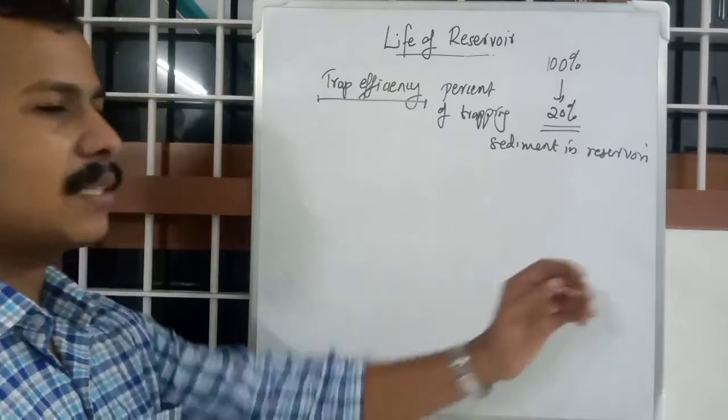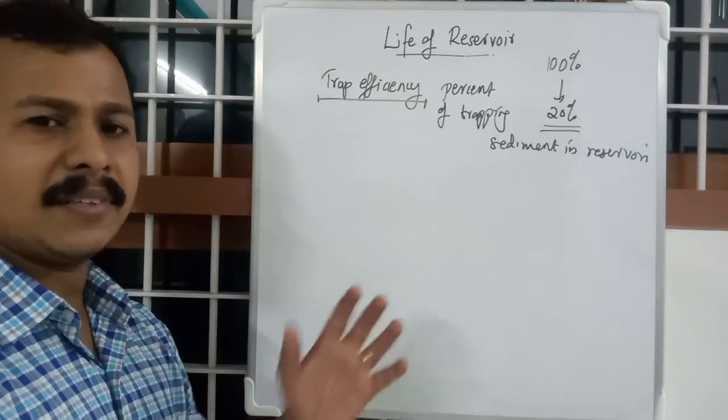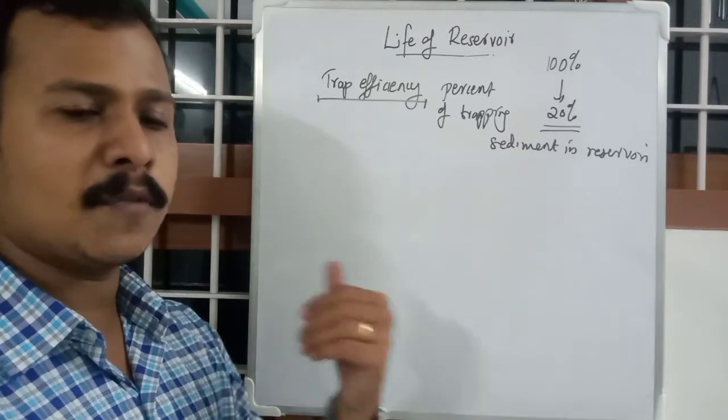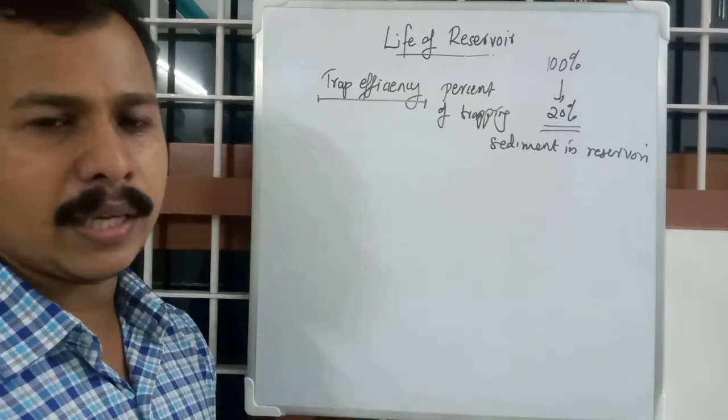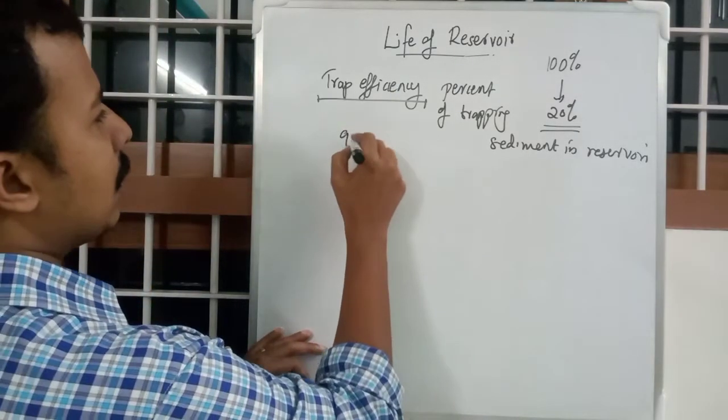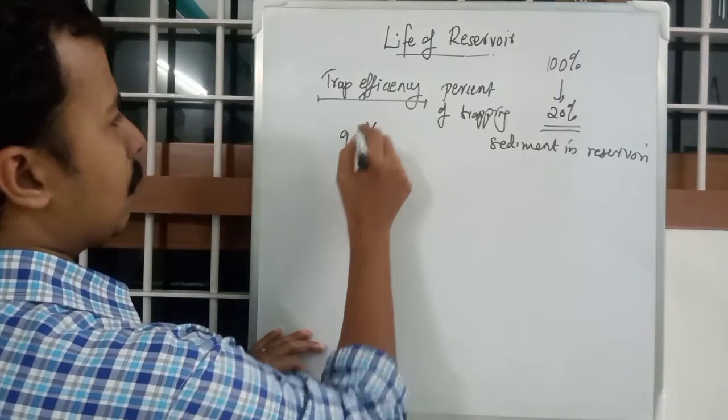So trap efficiency is the percentage of trapped sediment compared to the original load of sediments in the flowing inflow water.